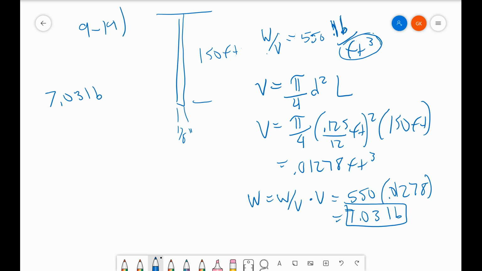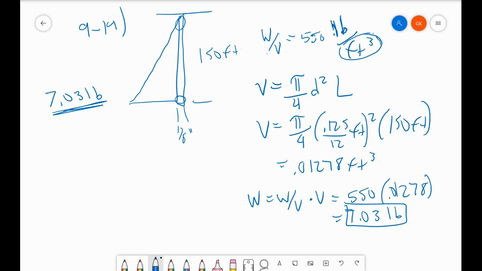Now, here is an issue. When we're talking about weight, we have to remember that the weight starts at the top and gets bigger as we go to the bottom. So the top of my wire is stretched a whole lot more than the bottom of my wire.